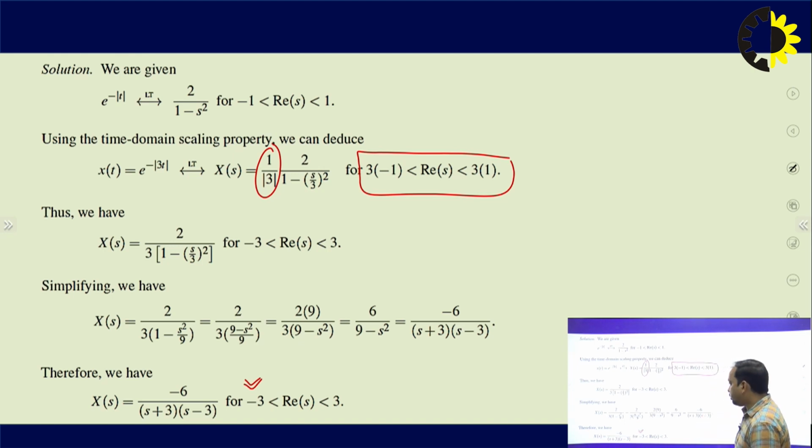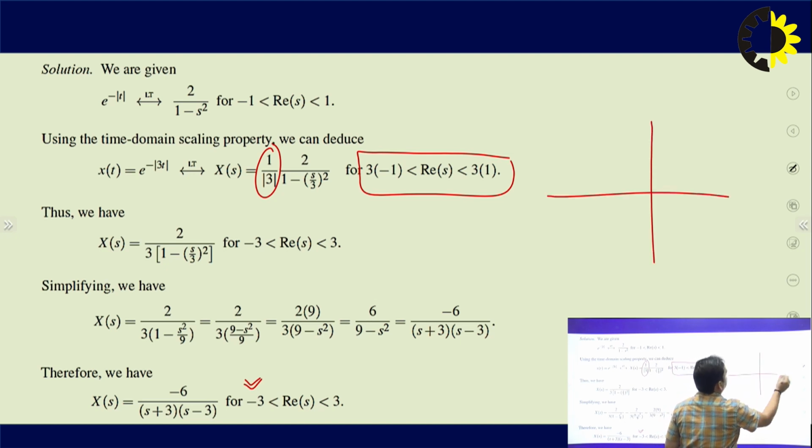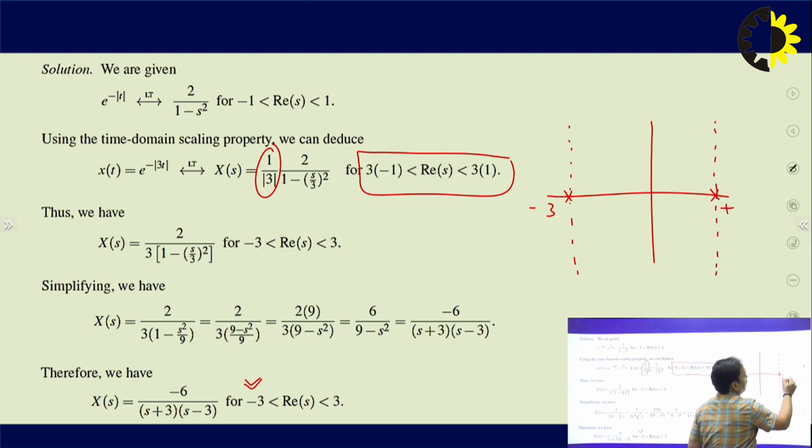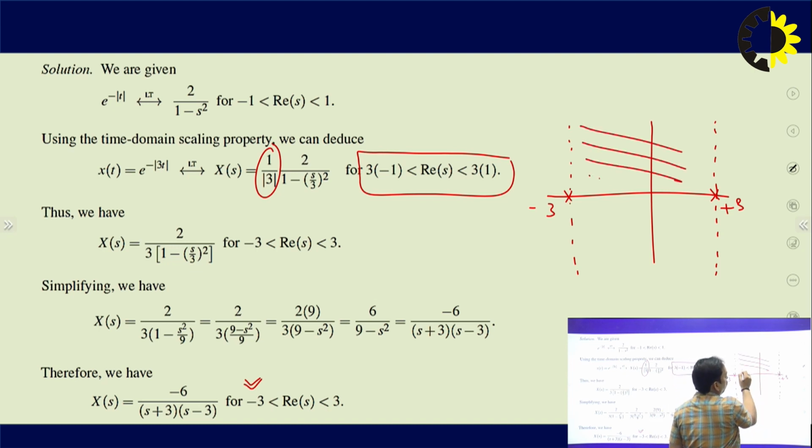So the new ROC, if we want to plot, it is minus 3 which will be lying somewhere, and plus 3 like this, and the ROC is definitely between the two poles like this.